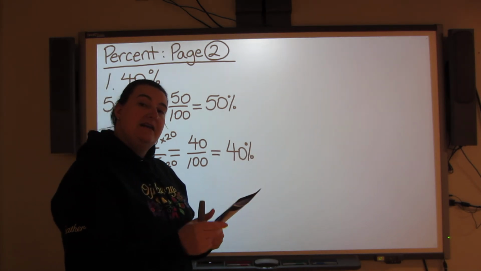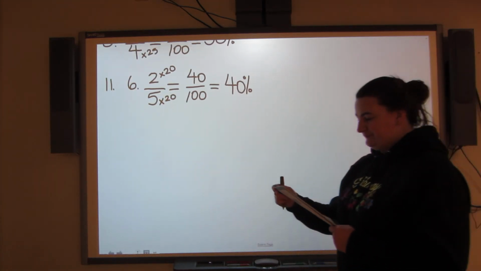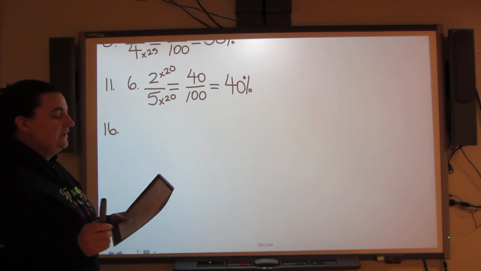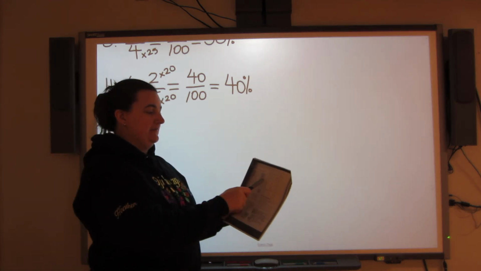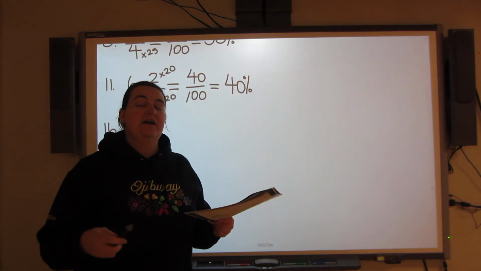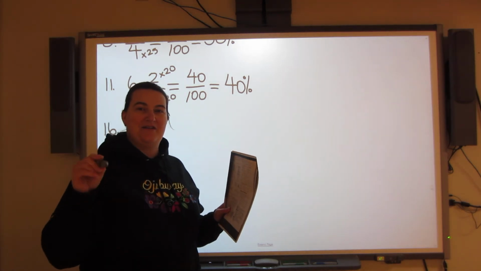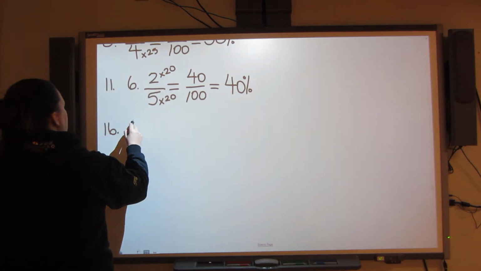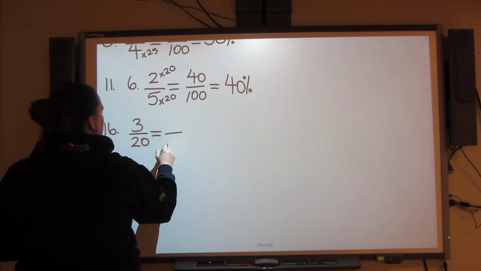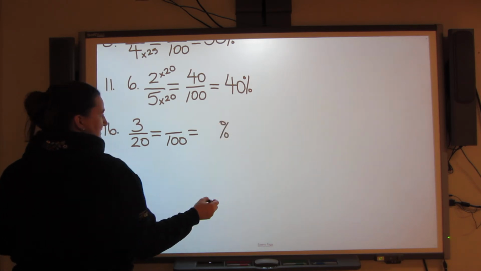All right, we're going to skip on down to number 16 now. So for number 16, they are giving you a fraction. In this case, 3 over 20. And then they need you to figure out, okay, what's that going to be as an equivalent fraction with 100 on the bottom? So 3 over 20 equals something over 100, which equals a percent.